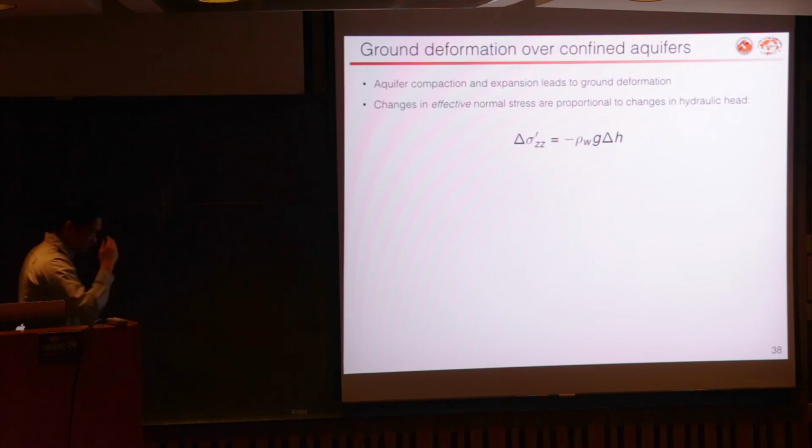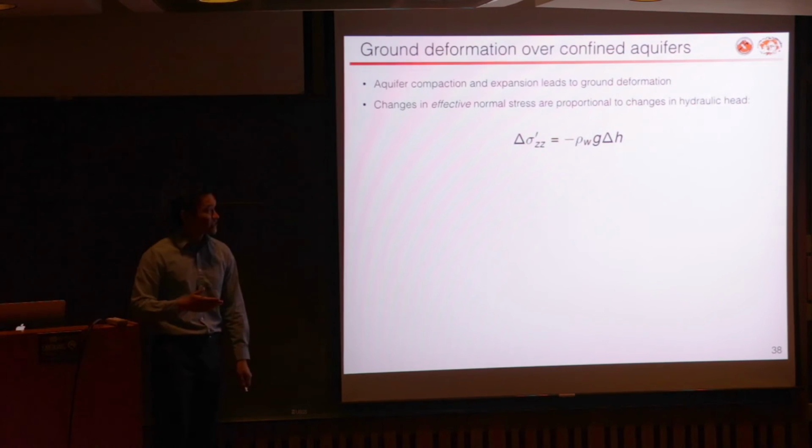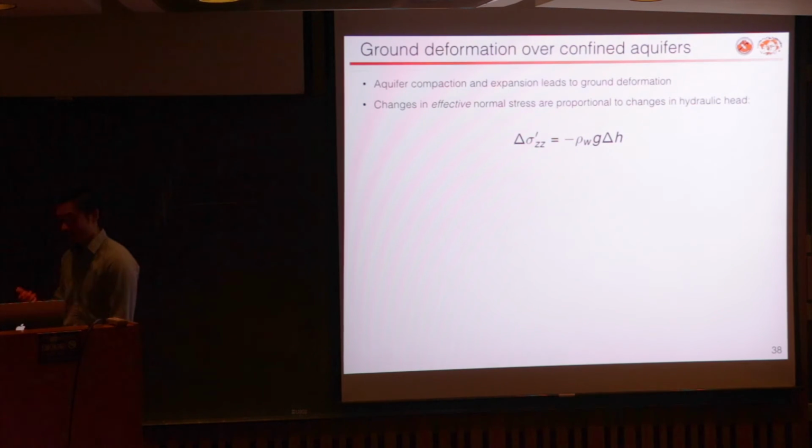So basically, the relationship between hydraulic head change and ground deformation can be derived using the principle of effective stress, which basically says that effective normal stress is the difference between normal stress and pore fluid pressure. Changes in effective stress are linearly related to changes in hydraulic head.